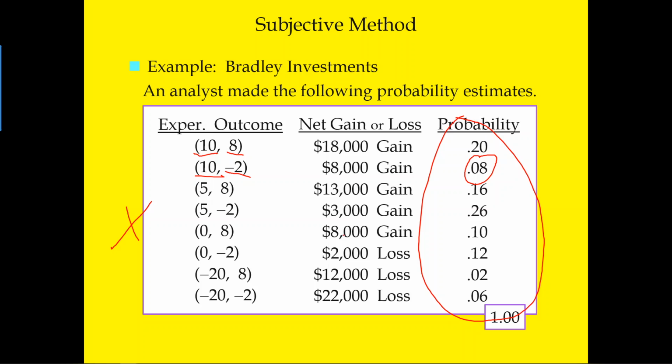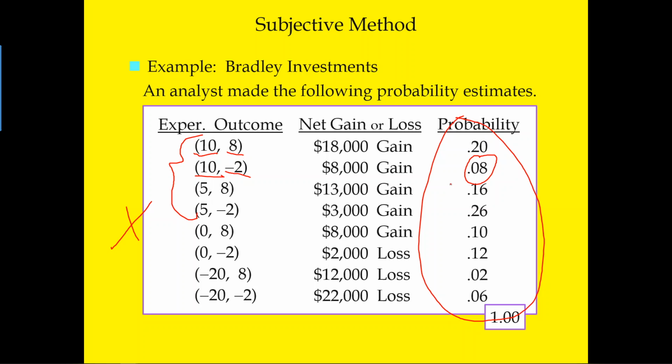The right method is what we mentioned about the probability of an event. First, you need to identify the possible outcomes belonging to the event. Obviously, the first 4 cases belong to market oil being profitable because the first numbers are all positive. Then, based on the definition, the probability of the event equals the sum of the probabilities of each outcome. So you use 20% plus 8% plus 16% plus 26%. That is how you get the probability for market oil to be profitable.